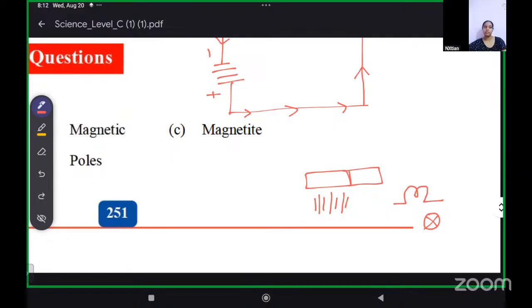Now, in science, we finished the test on materials, chapter 7, types of materials. Now, chapter 8 test, electricity.